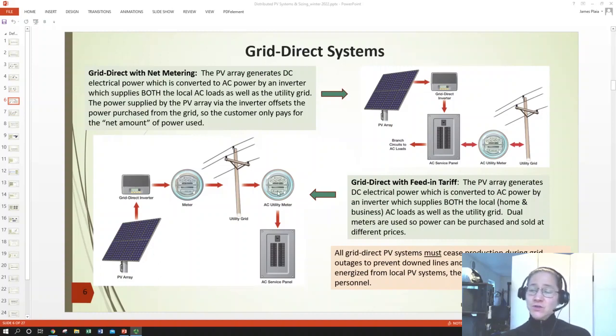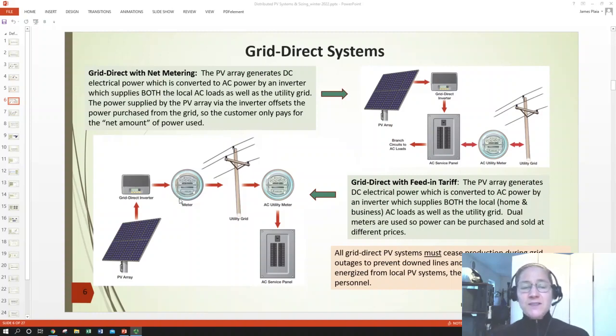In this you use two meters that separately track the AC power that you have renewably generated and are supplying to the grid versus the AC power that you are buying from the utility that they generated. And by using two meters, you can apply a different rate to each one of those.